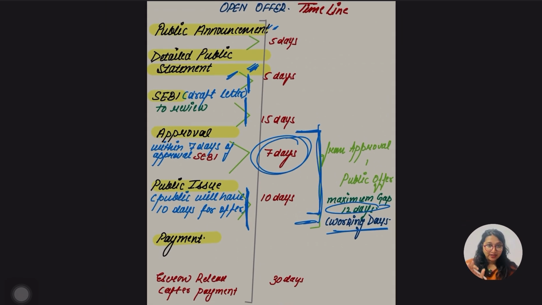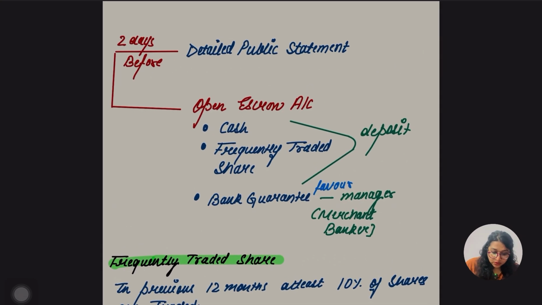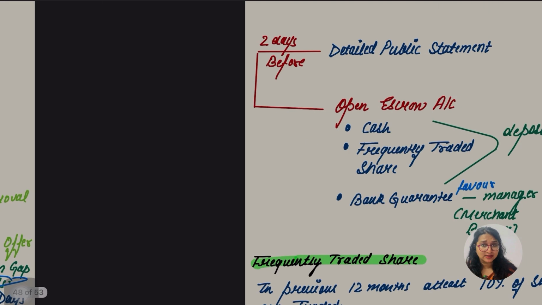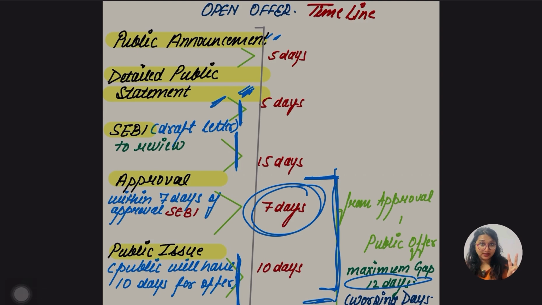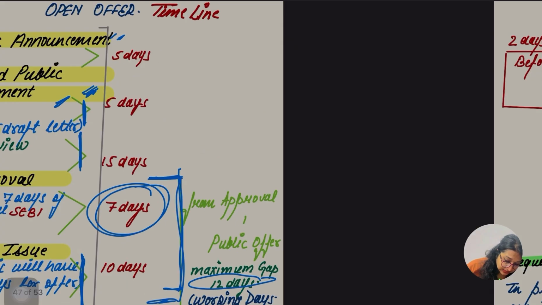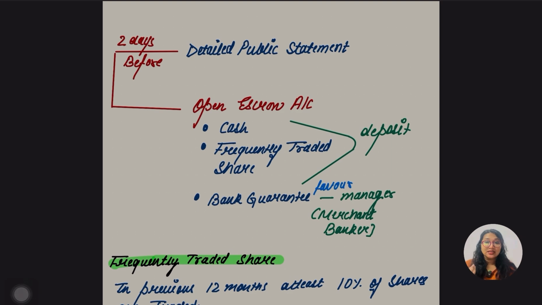Now, I told you after the public announcement, what is to be done? The detailed public statement is to be given. But before giving this detailed public statement, we are going to do something. The acquirer company is going to open the escrow account. When is this account to be opened? The escrow account is to be opened 2 days before the detailed public statement is released by the acquirer company.